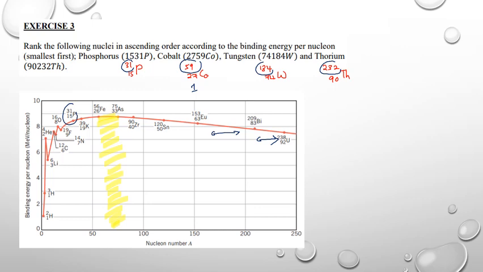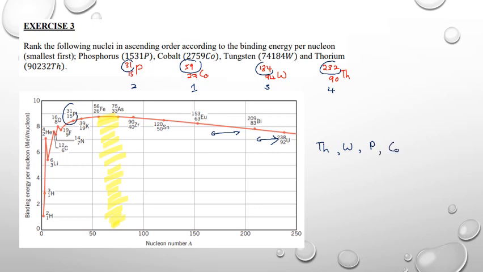Based on this graph, the most stable one is cobalt, followed by phosphorus, then tungsten, and the one that is not stable at all is thorium. Since the question asks you to state the binding energy per nucleon from the smallest value, it's going to be thorium, then tungsten, then phosphorus, and the most stable one is cobalt.